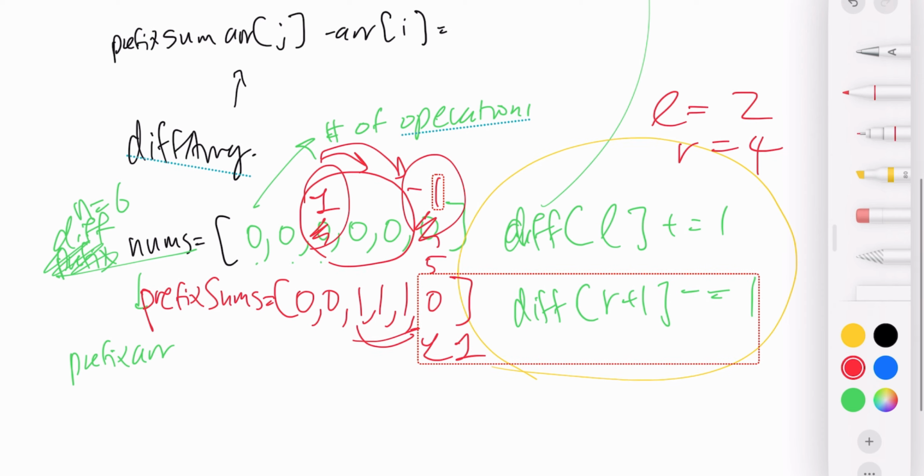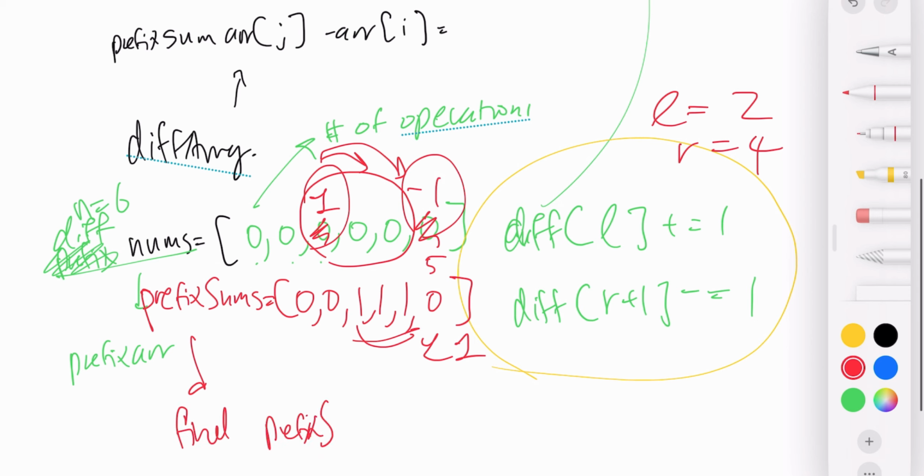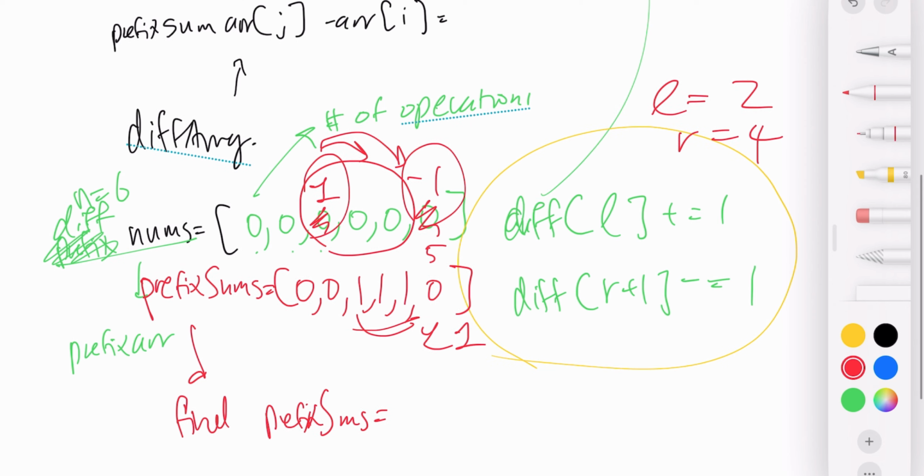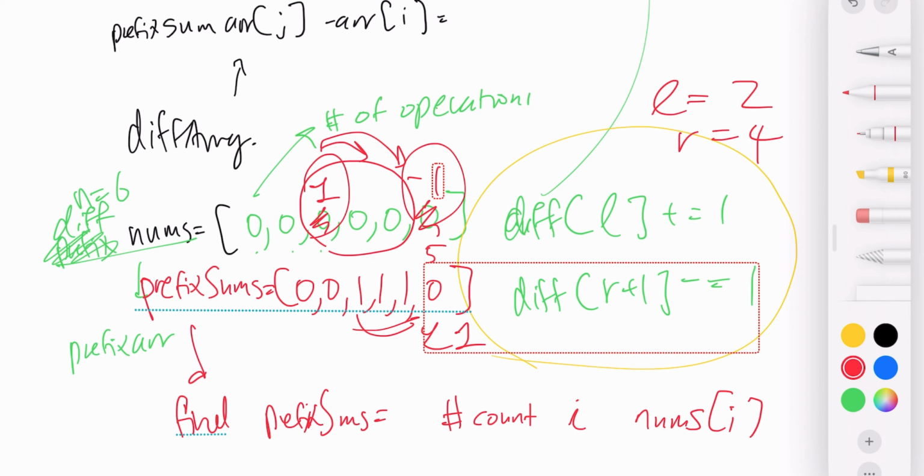Basically, once we get the final prefix sums array, we check at each index i that nums[i] must be less than or equal to the number of operations.